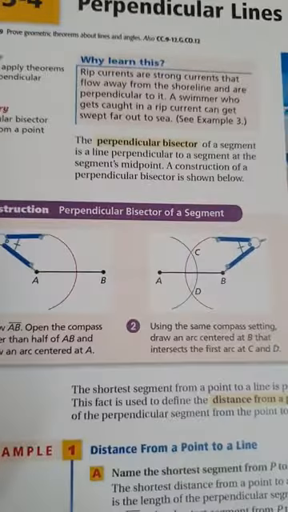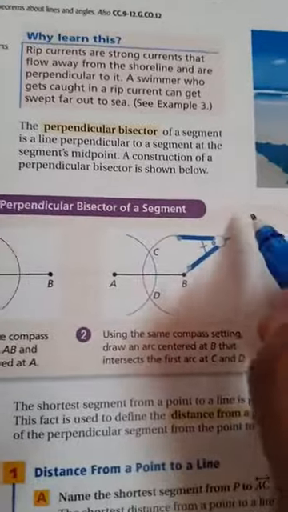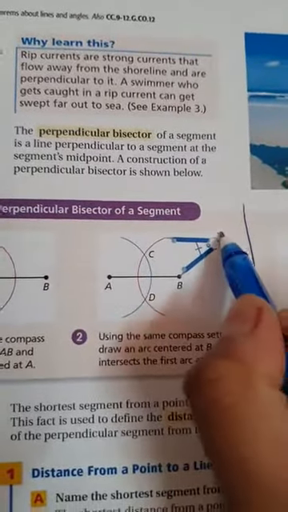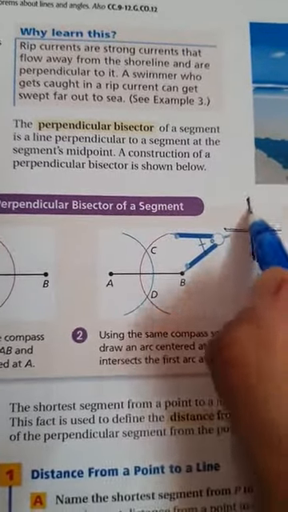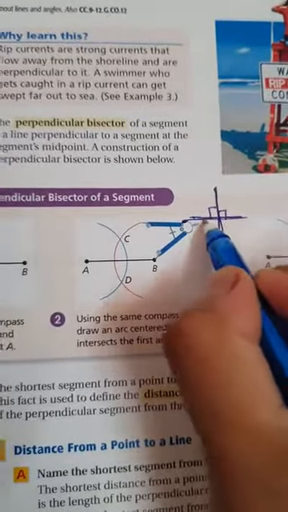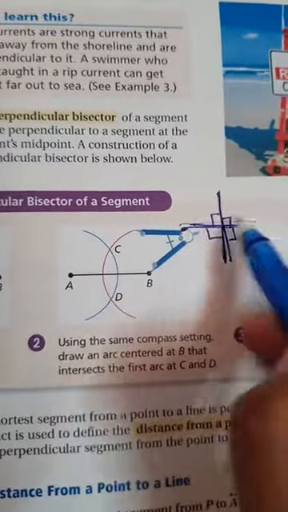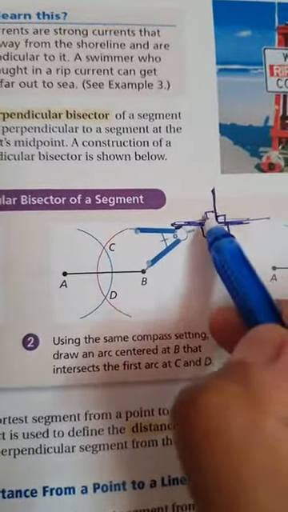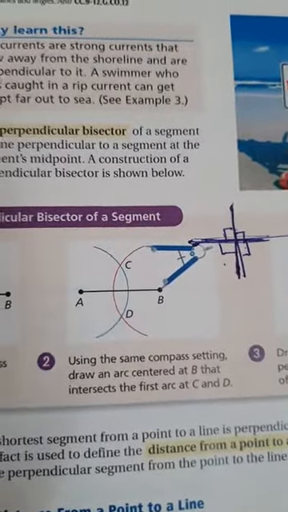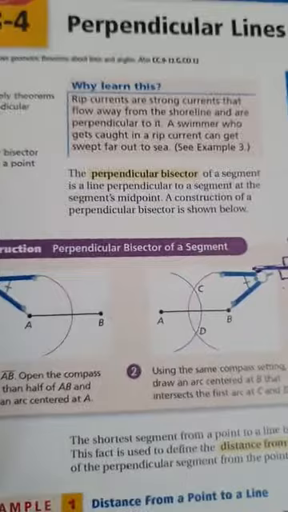But perpendicular lines are basically lines which cross each other, making a perfect cross, a plus sign, and they form right angles. So the lines which cross each other perfectly by forming right angles are called perpendicular lines. Now keeping this in mind, let's move on to the lesson.